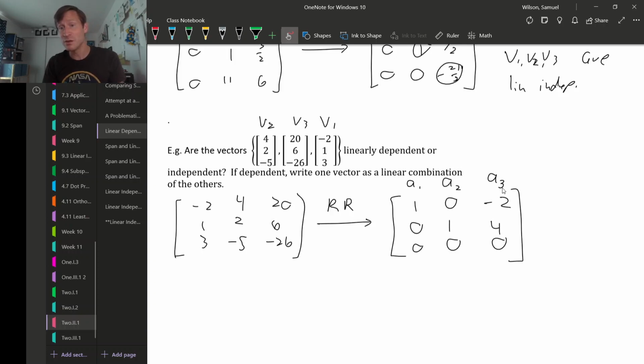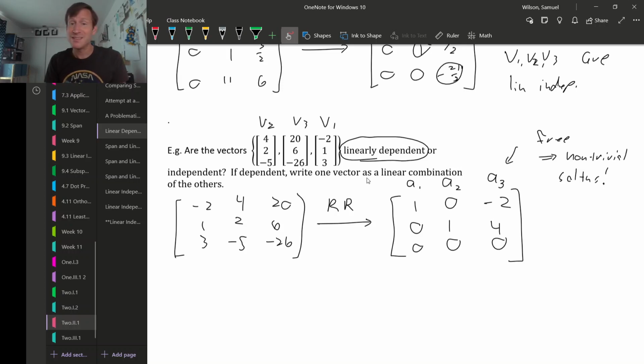There is a free variable, so that means there are non-trivial solutions. Okay, and since we have non-trivial solutions, that means these three vectors are linearly dependent. That means that one of them is redundant. The question is, which one is redundant?